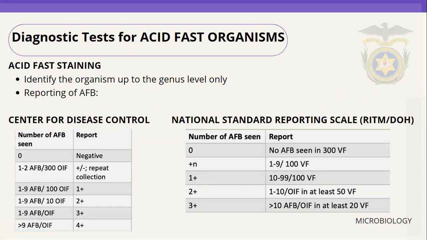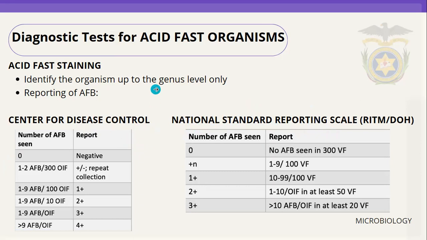So now let's proceed to the diagnostic tests for acid-fast organisms. As we have learned in part one of this lecture, acid-fast staining is used to identify the organism up to the genus level only. We have two ways to report AFB: the Center for Disease Control scale and the National Standard for Reporting Scale used by the RITM and the Department of Health.